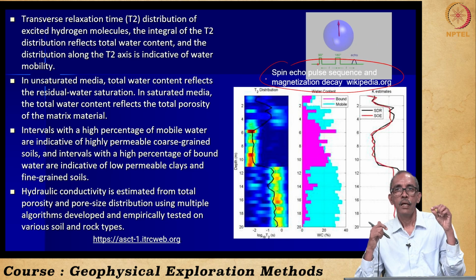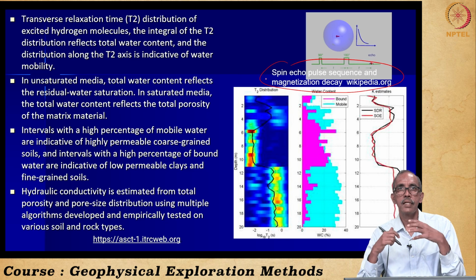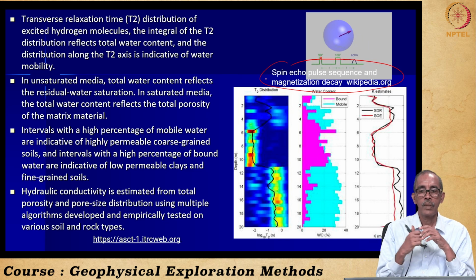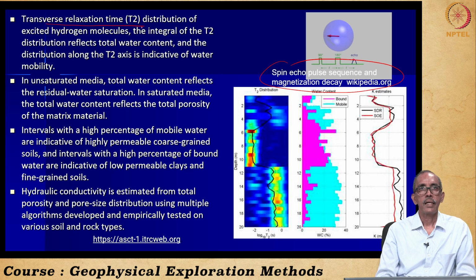As and when we stop the application of the magnetic field, the realignment to the original position creates some signal which is measured. This is known as the transverse relaxation time. That is what we are measuring.